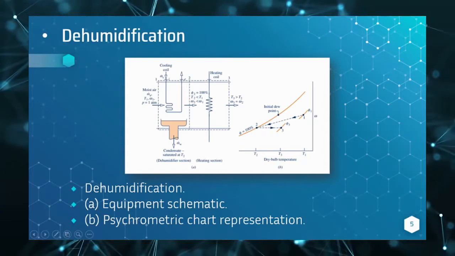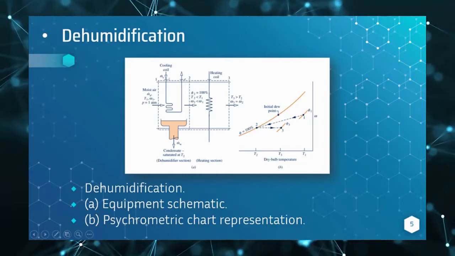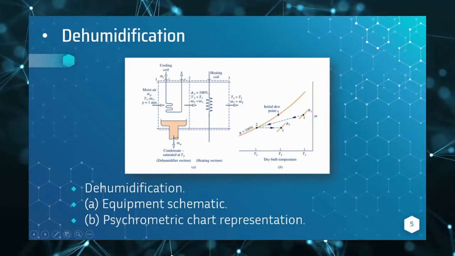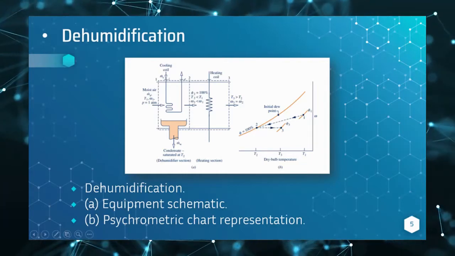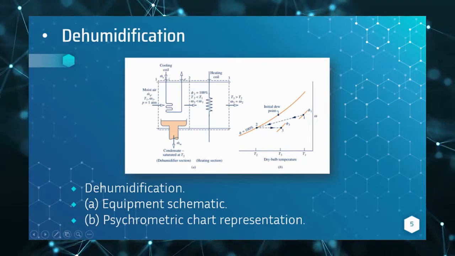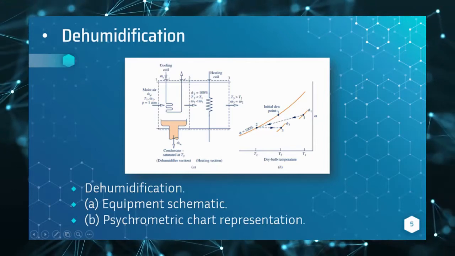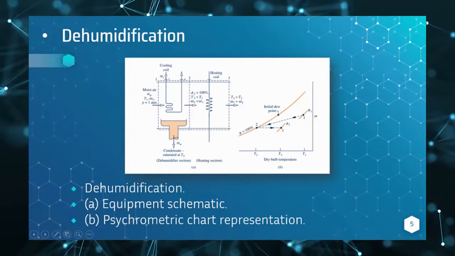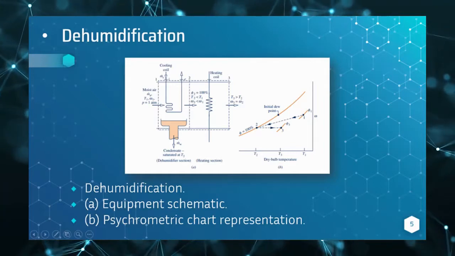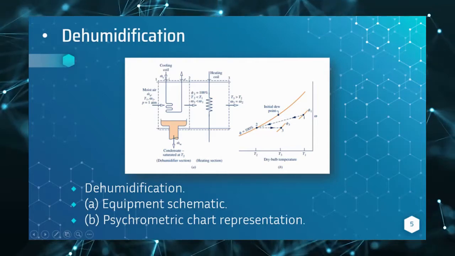The figure shows the schematic of a dehumidifier using this principle. Moist air enters at state 1 and flows across a cooling coil through which a refrigerant or chilled water circulates. Some of the water vapor initially present in the moist air condenses, and a saturated moist air mixture exits the dehumidifier at state 2.